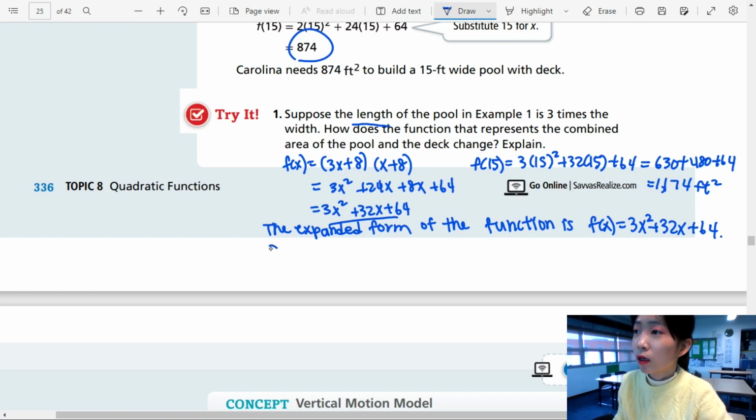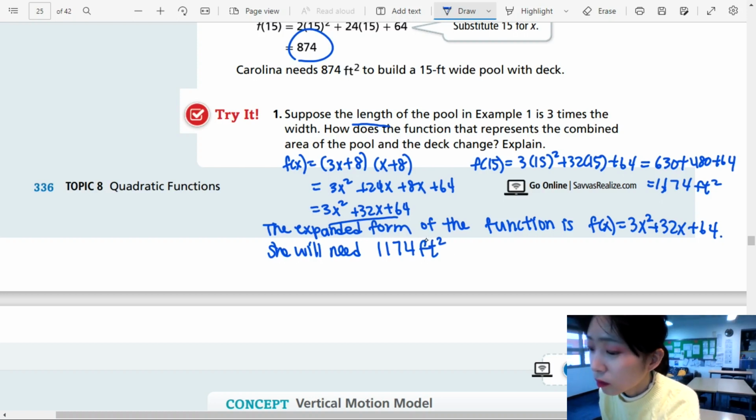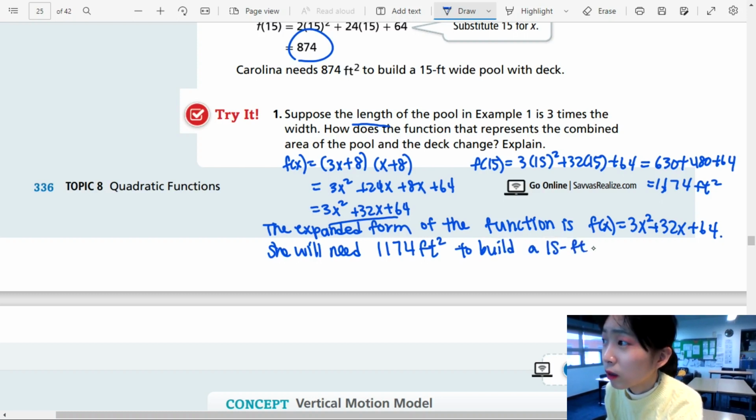Okay, and she will need 1,174 feet square to build a 15 feet wide pool with deck.